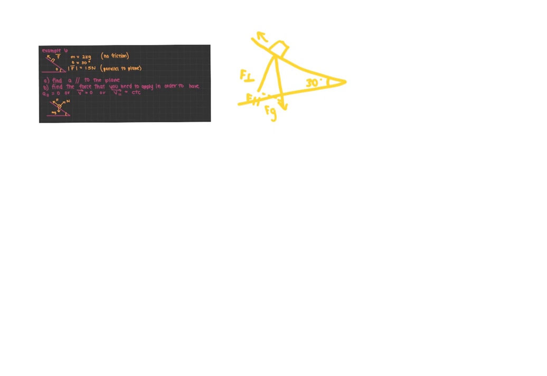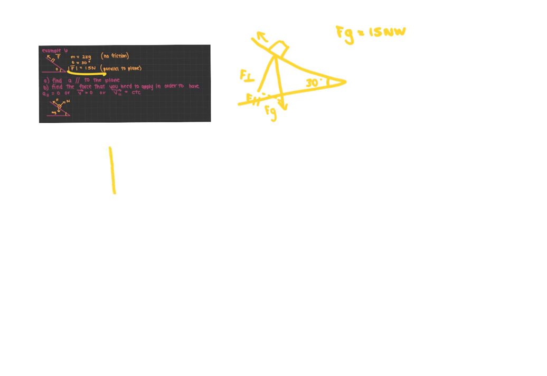Now the force going down, Fg, is the mass. And in this example, the mass is 15 newtons here, as we see right there. So the next step is we're just going to pull apart this triangle.